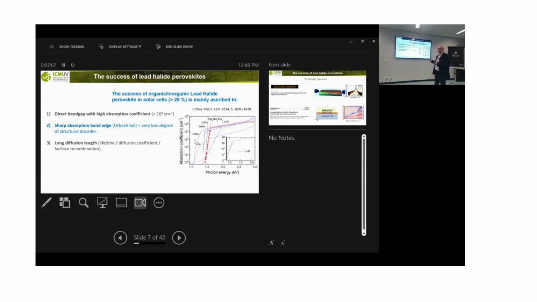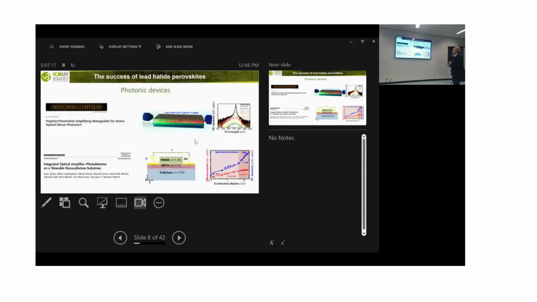But in this case it is a very simple method to produce polycrystalline thin films. This is why the success of this technology.